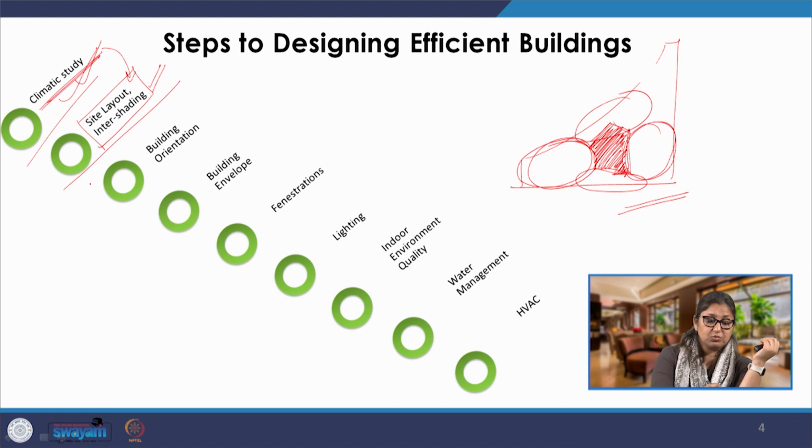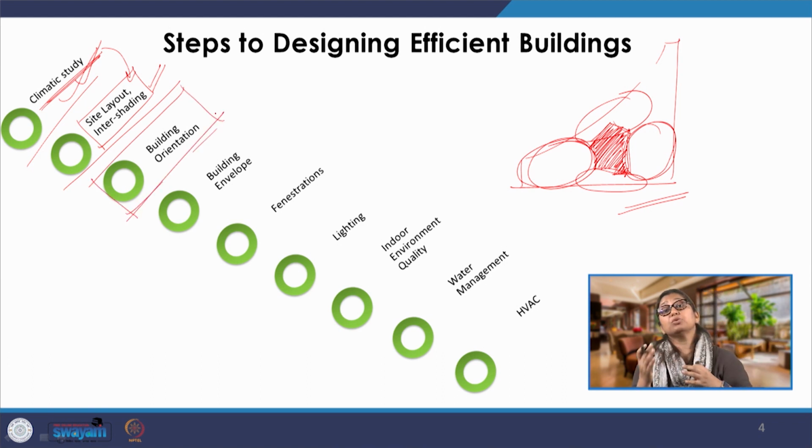Then we move on to building orientation, how the building has to be placed. Different orientations have different impacts. What is the longer side facing? Do we require a lot of south side facing? Now, it also depends upon which hemisphere of earth we are in. If we are in the northern hemisphere, we know that the sun predominantly comes from the southern side.